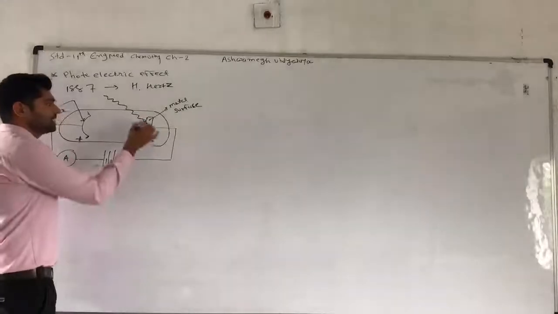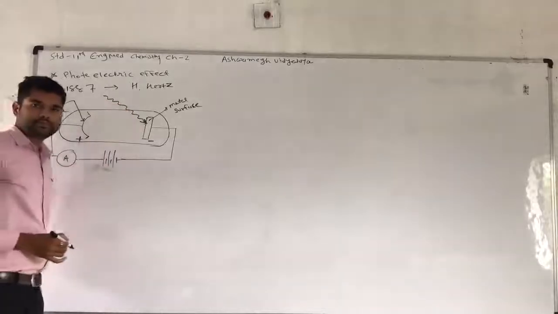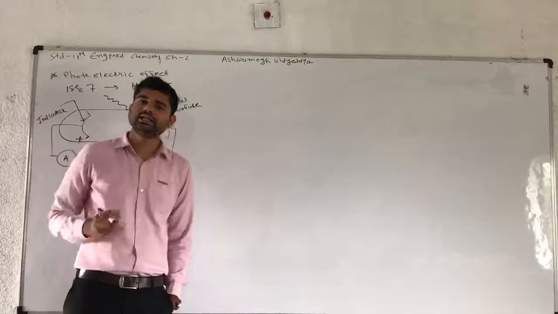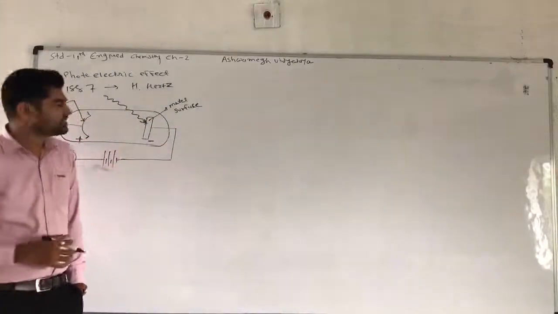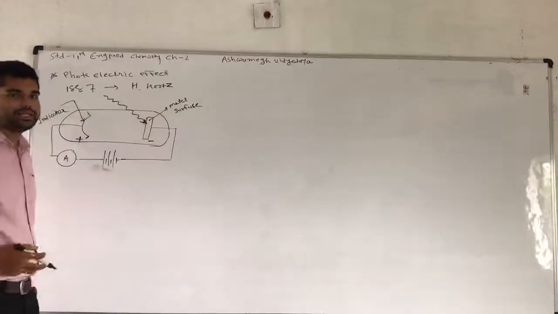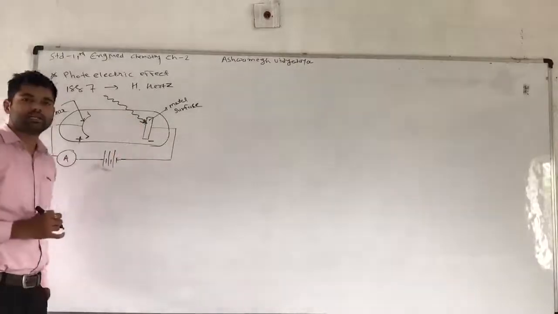In Planck's experiment, energy is in the form of quanta, but in Hertz's experiment, a beam of light, meaning high intensity light, is incident on a metal surface.